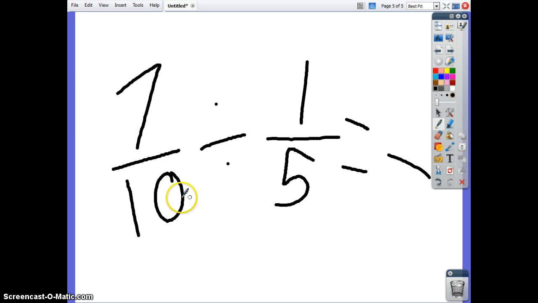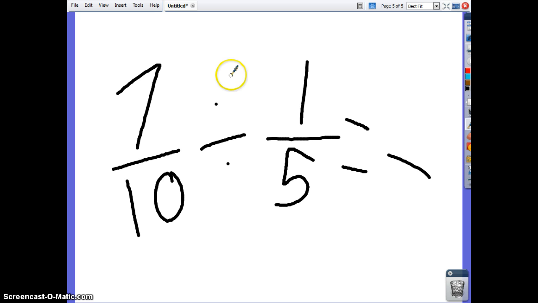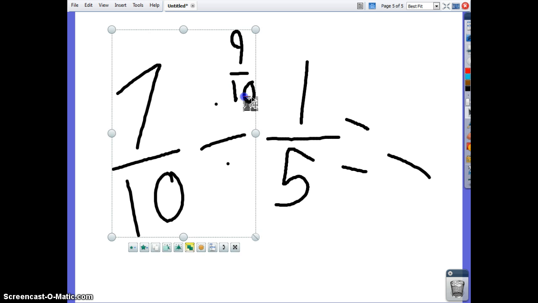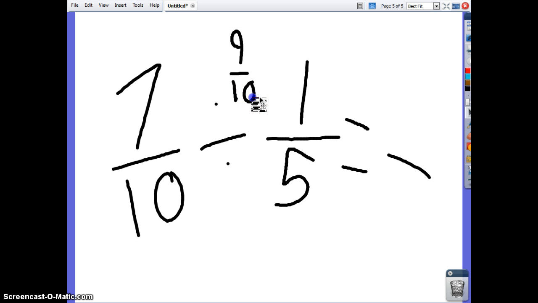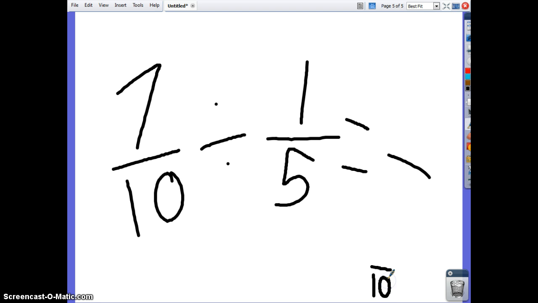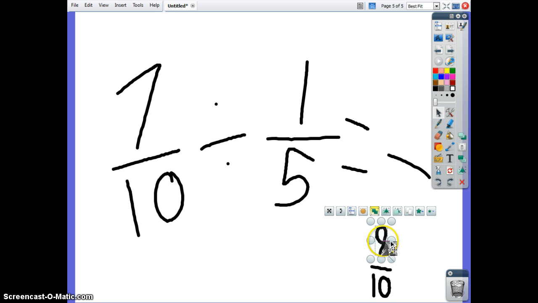Now, how you find a reciprocal is, let's say we want to find the reciprocal of 9/10.